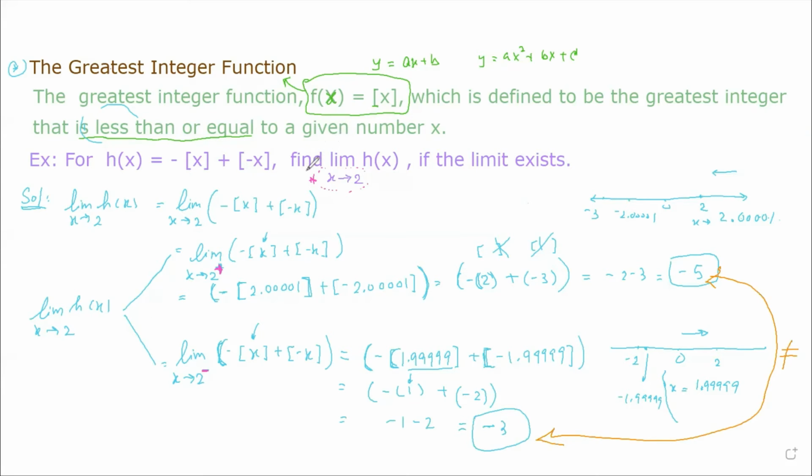That means the whole thing here. So finally, at the bottom, say limit of h of x when x approaches 2 does not exist, because the limits we proved here are not equal.